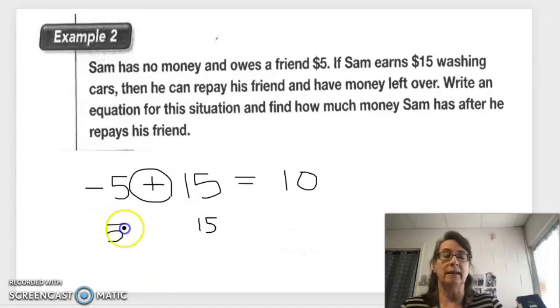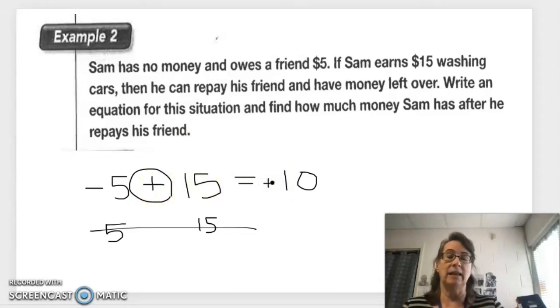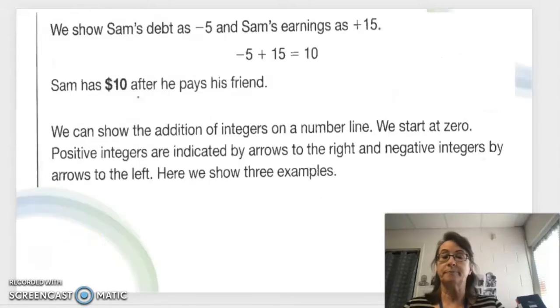But then we go back and say, well, does the negative number or the positive number have the greatest absolute value? Well, 15 is the greatest absolute value. Therefore, we're going to give the answer the sign of the greatest absolute valued number. It's like a tug-of-war. This guy pulls farther onto his side of the number line, therefore the answer is positive.